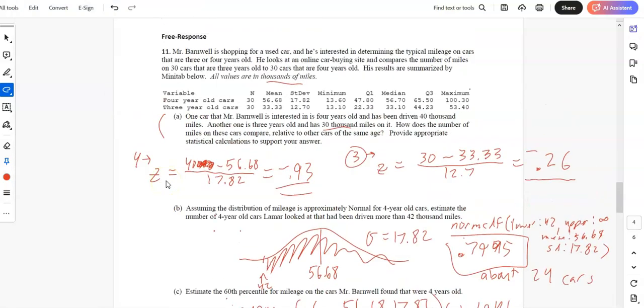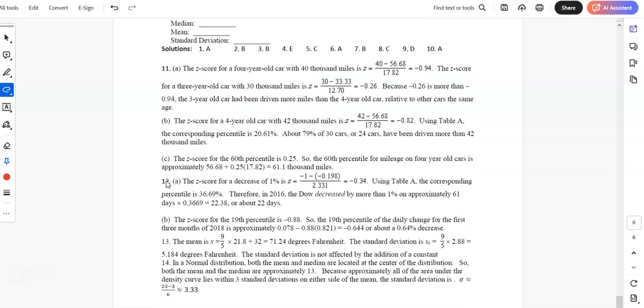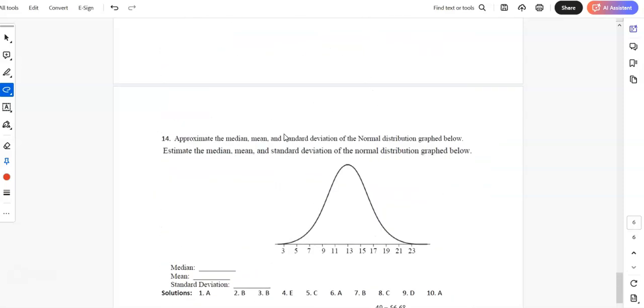Just want to make sure we got that one about right. So let's look at the answers. So there are answers on this sheet. Good. About 79% of the cars were driven more than 42,000 miles, or about 24 cars.